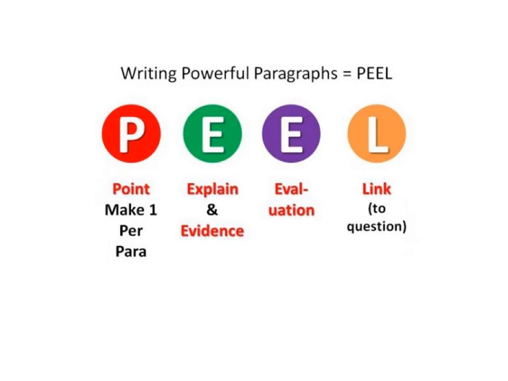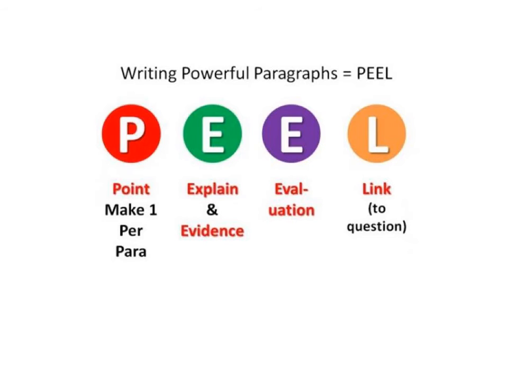Now, one way of making sure that your answer contains good knowledge and explicit evaluation is to really think about your paragraph structure. And I suggest that you use the following structure in the main body of your 35-mark question. Make sure that each paragraph starts with a clear identification of the point that you're going to discuss in your paragraph.